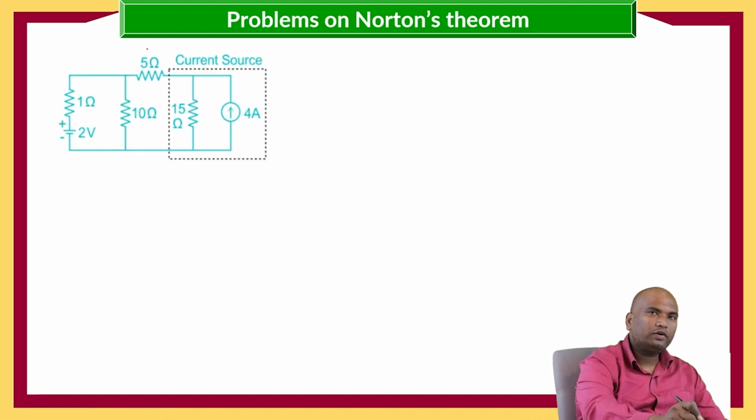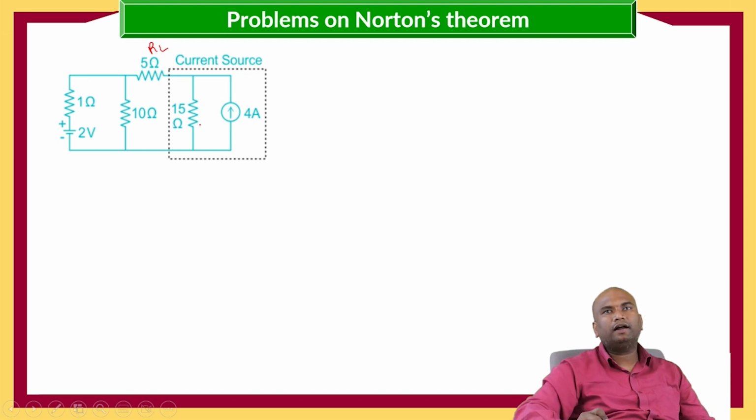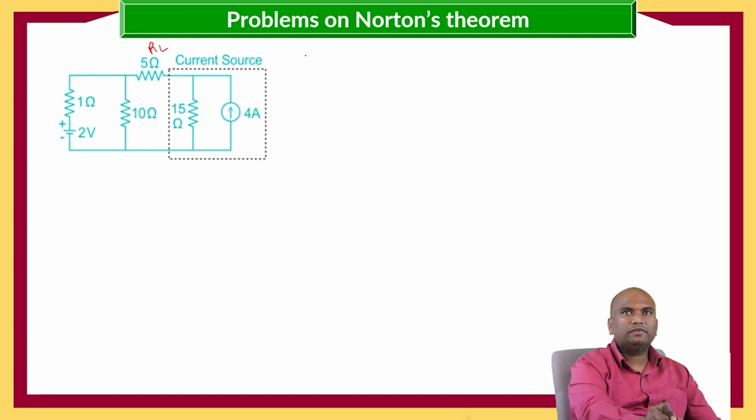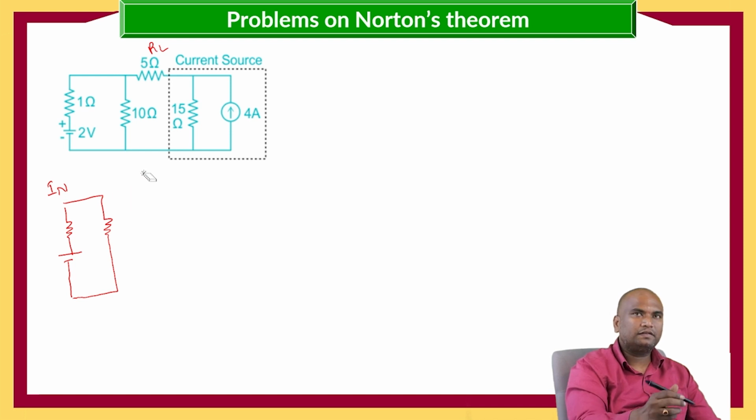Next, here the load resistance is given as 5 ohms. So we need to calculate Norton's current by replacing the load resistance, that 5 ohms resistance, with a short circuit.